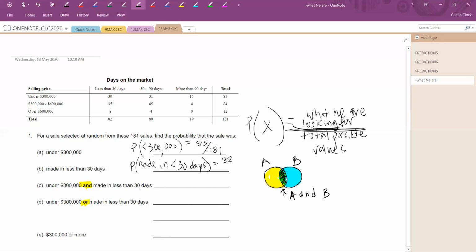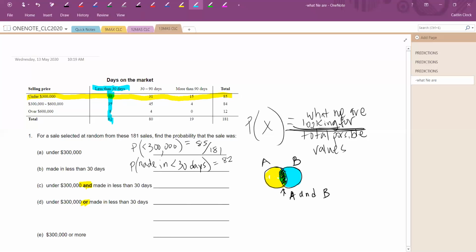So for C, if you're looking at it in a table, if it's under 300,000, it's this row. And if it's made in less than 30 days, it's this column here. So I've kind of made a Venn diagram of event A and event B. What piece is both of them?